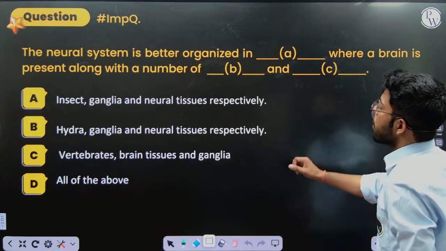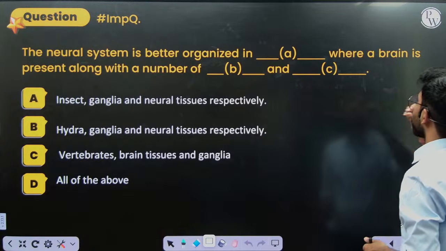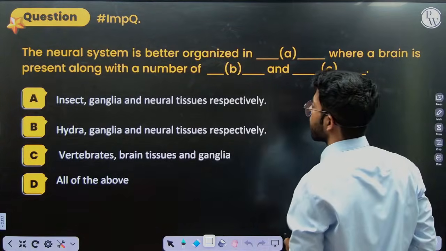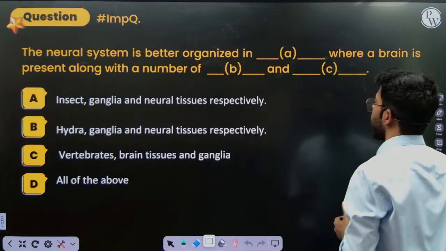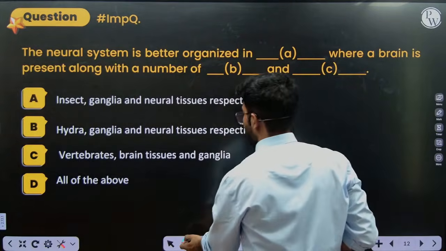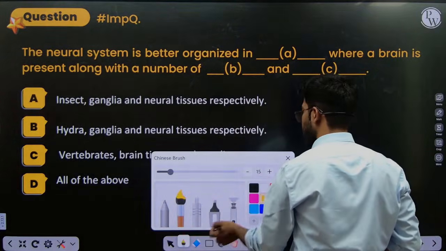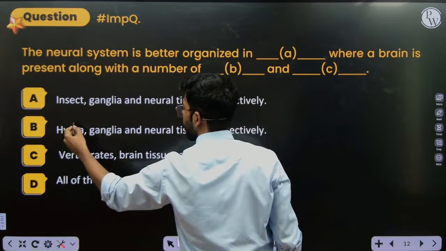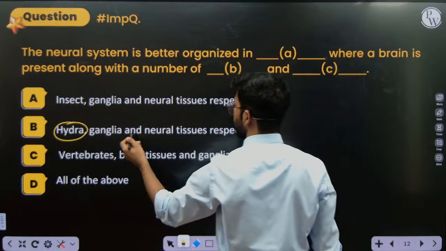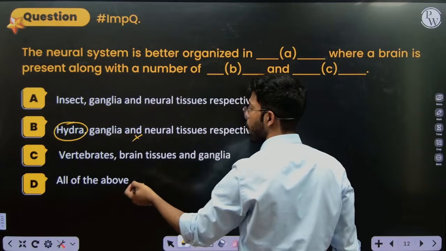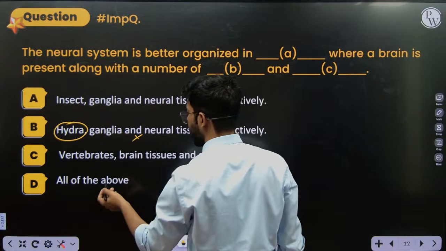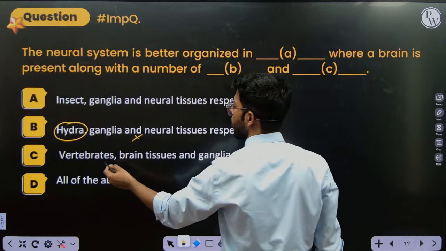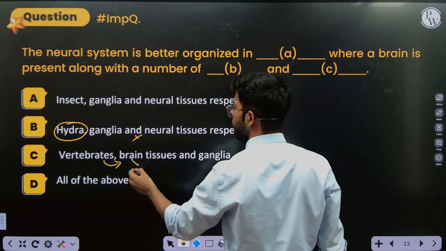The neural system is better organized in dash, where a brain is present along with a number of dash and dash. In previous slides we discussed that hydra have a network of neurons, so this is the wrong statement. Vertebrates have brain tissue and ganglia, and have a more complex nervous system.